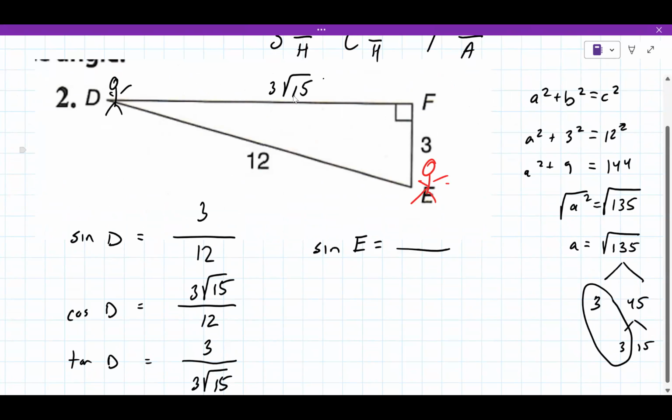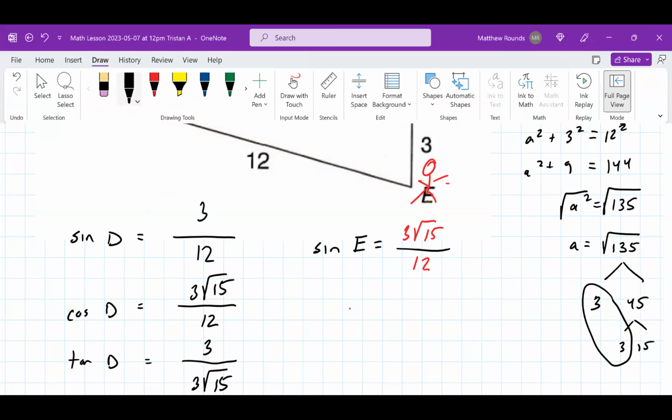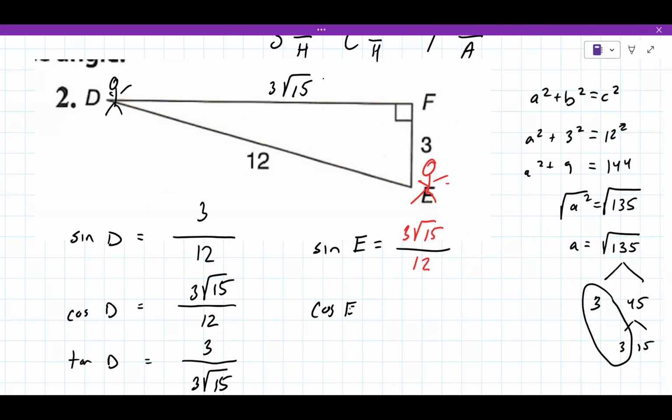So sine is opposite over hypotenuse. This is 3 square root 15 over 12. Cosine E is the adjacent over the hypotenuse, 3 over 12.